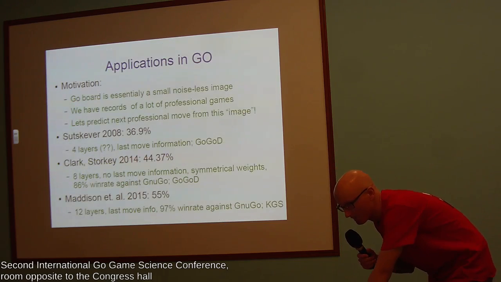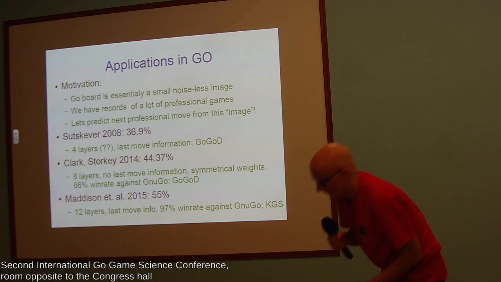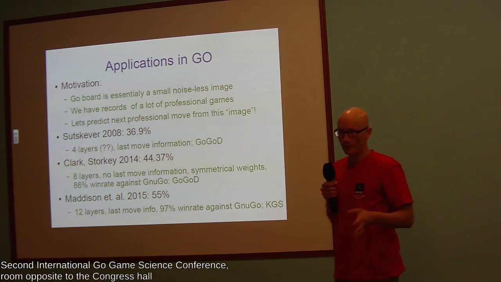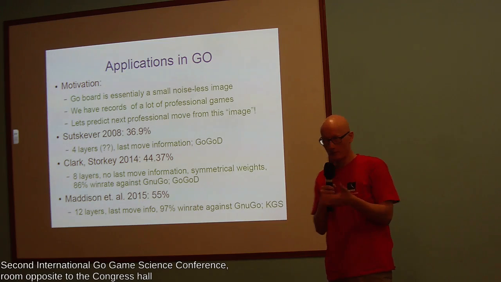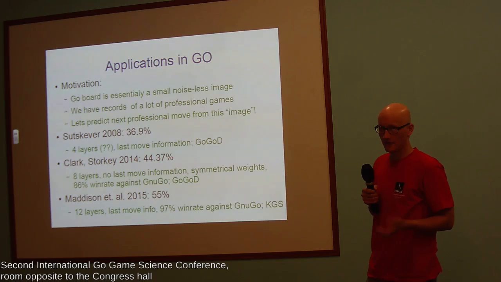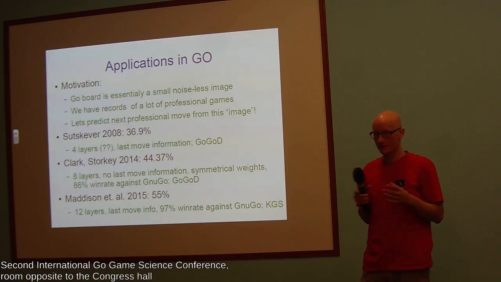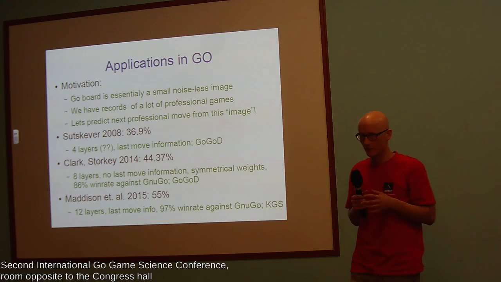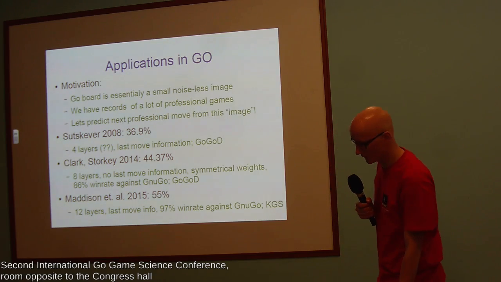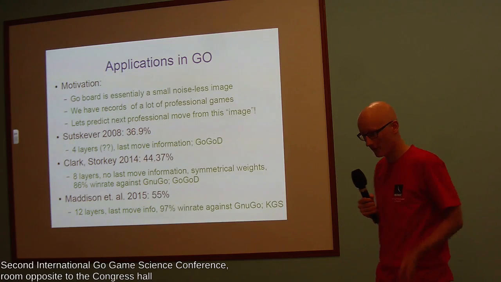In Go, it's quite natural, when this works for images, to try to apply these methods to Go as well, because basically a Go board can be viewed as a simple, noiseless, two-dimensional image, which is very small and easy because it has only 3 values: white stone, black stone, or no stone.